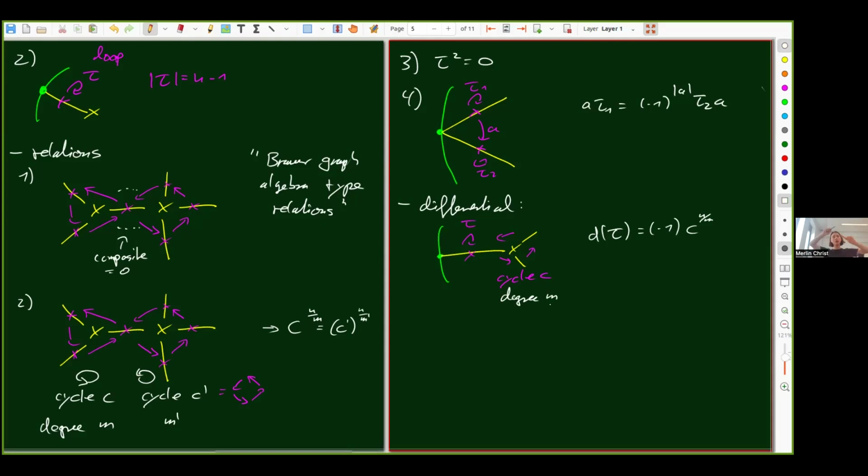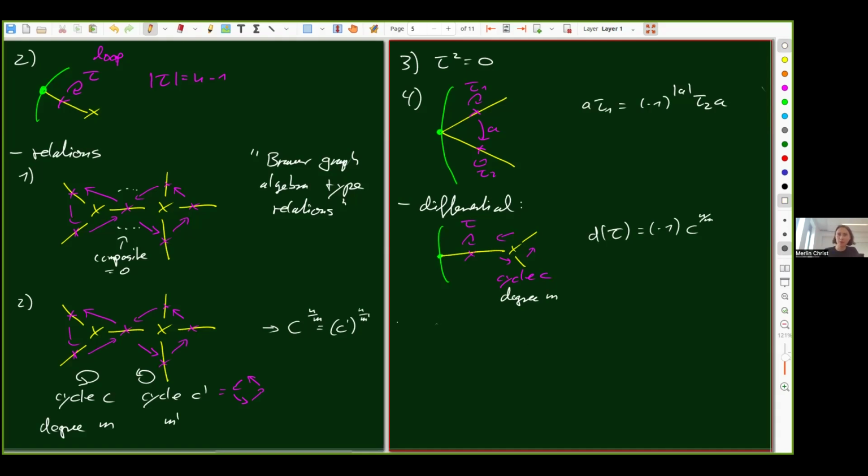If you go once around, you get a degree m arrow. If you take it to the power n divided by m, you get a degree n arrow cycle. So just going once around gives you a degree m thing, and then going n divided by m times around gives you a degree n thing. And this is exactly the degree of the differential of tau, because tau had degree n-1, and we're in the cohomological grading convention where the degree raises by 1 if you take the differential.